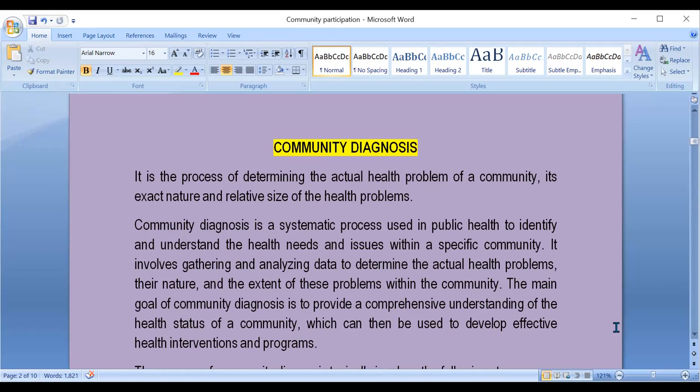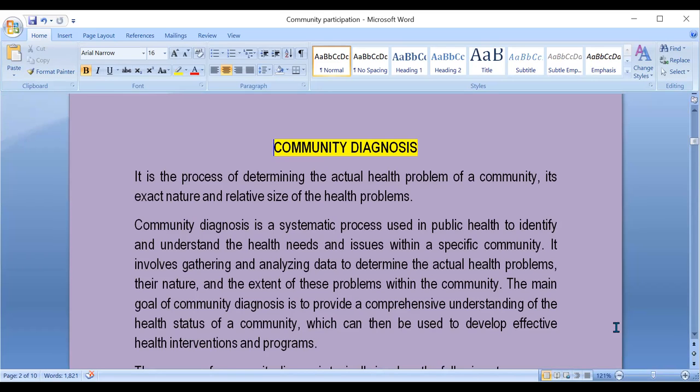It is applied in public health and also in community health practice to identify and understand the health need of the people and other issues within that particular community. It could be a health need.